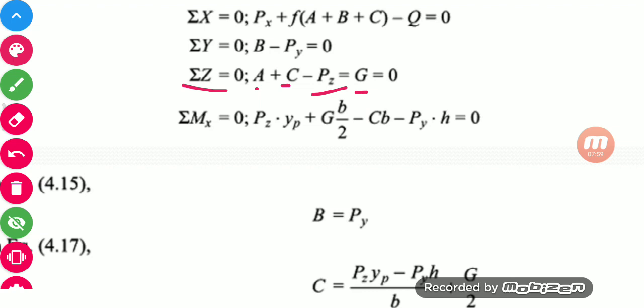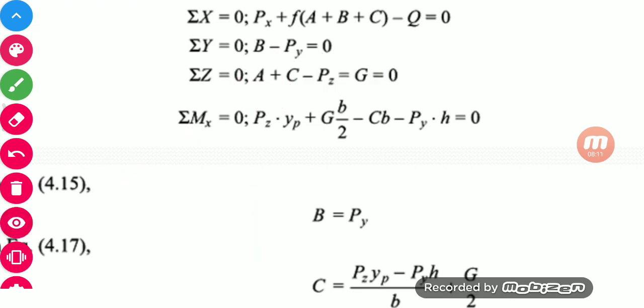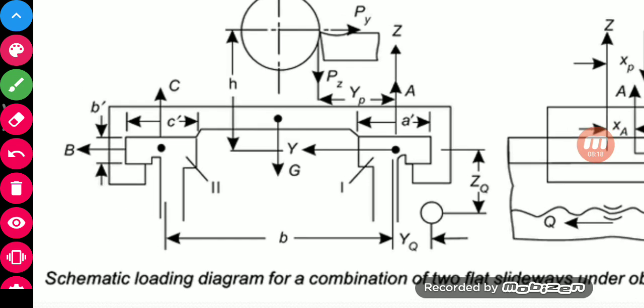So if we say that upward direction is positive, downward direction is negative, A and C are positive, Pz and G are negative. So this is a minus sign here, that's not an equal to sign, that's a misprint. And let us quickly look at the diagram right here.